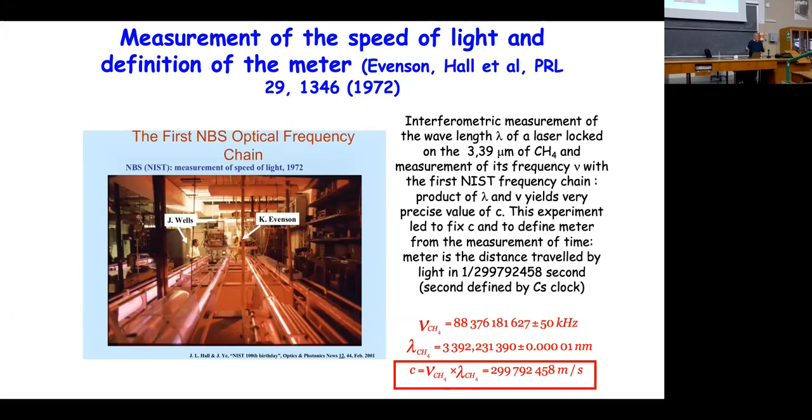So this was the progress, and now we are something like 50 years later, and another revolution is coming because the second defined with the cesium clock is not good enough. And we have optical clocks which can define the second much better. And this will be the topic of what I will tell you in 2 weeks from now.